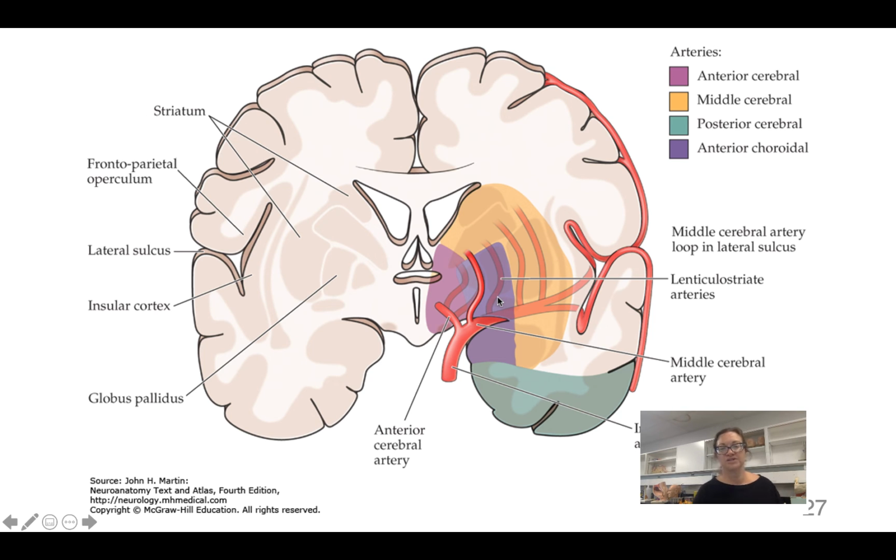So remember that the anterior choroidal artery is the most proximal branch directly arising from the internal carotid. And so if you were to parse this blood supply medial to lateral, it roughly goes anterior cerebral, anterior choroidal, middle cerebral. Okay, and that covers most of the deep brain nuclei and internal capsule.